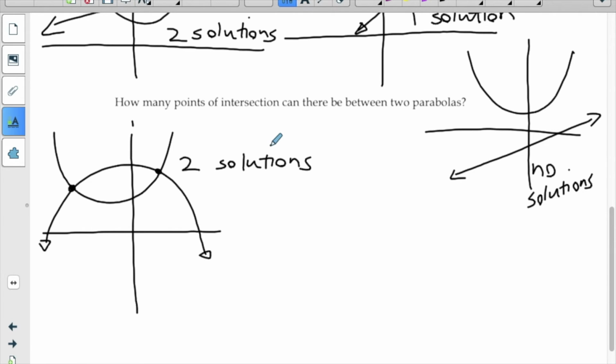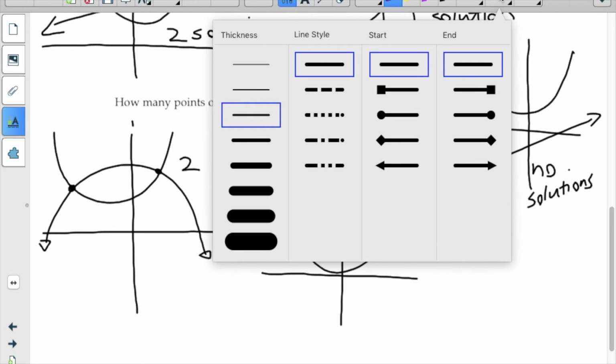3 times, okay. How would that look? There's one. Yeah, so if they're overlapping, you could have infinite.